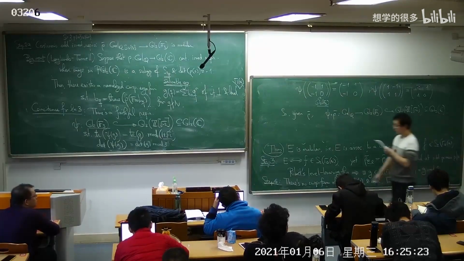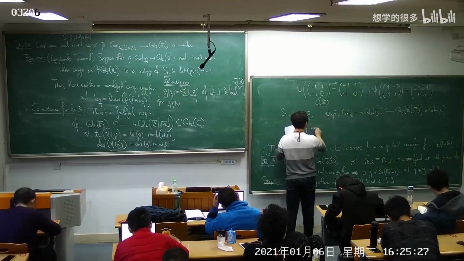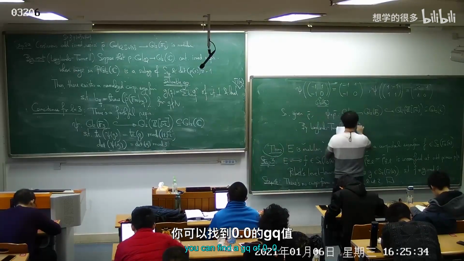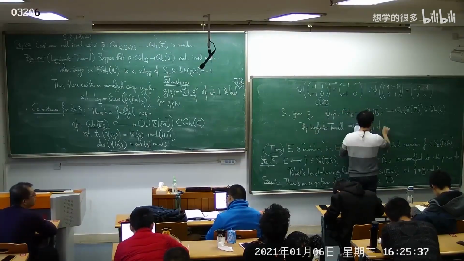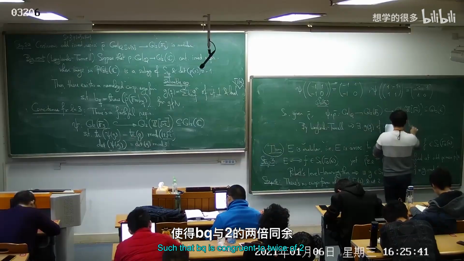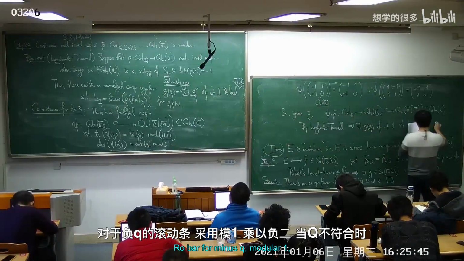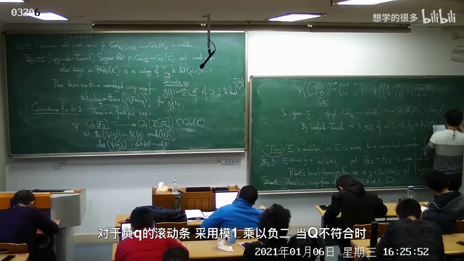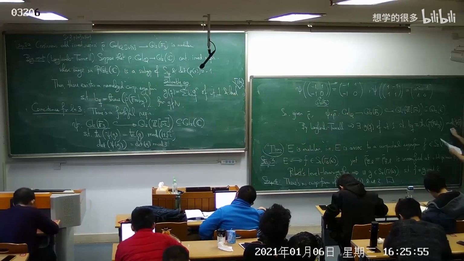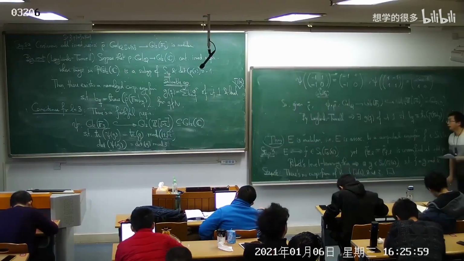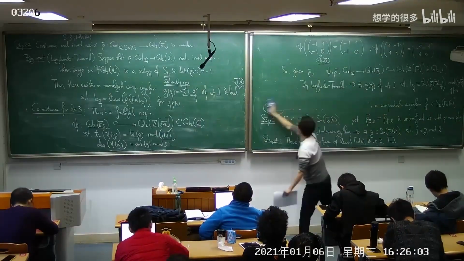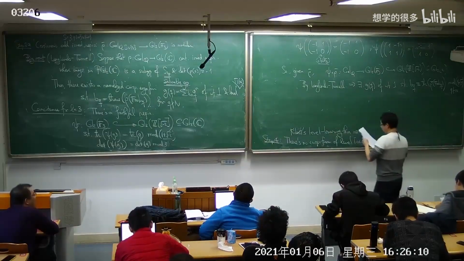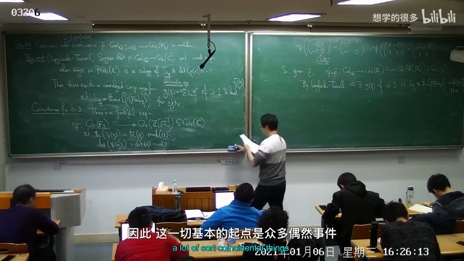And then, along the tunnel, you can find a g of weight 1 such that b_q is congruent to twice rho bar Frobenius q modulo 1 plus root of negative 1 plus root of negative 2, when q does not divide n. So basically, the starting point of this is a lot of sort of coincidental things.